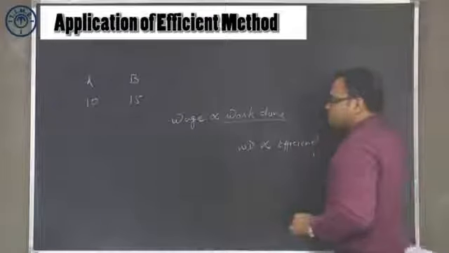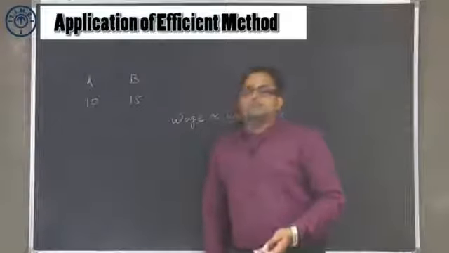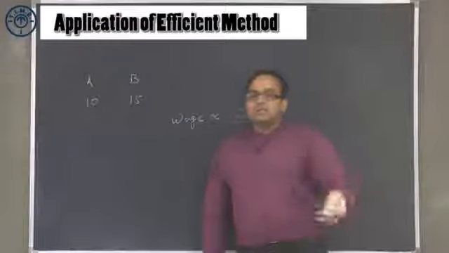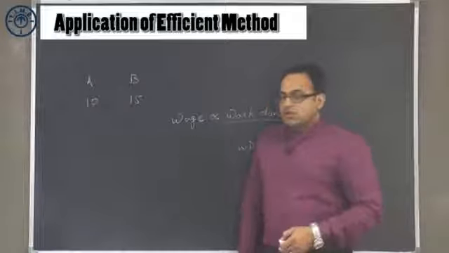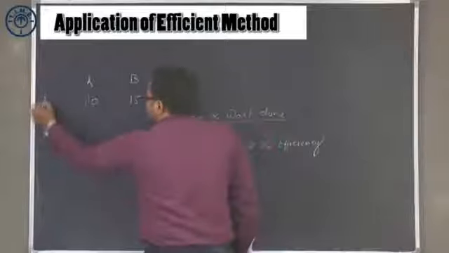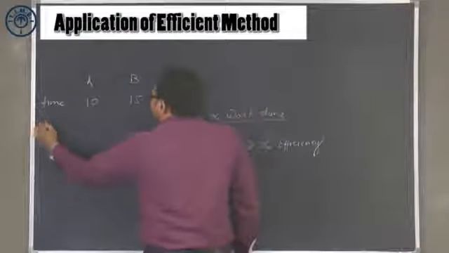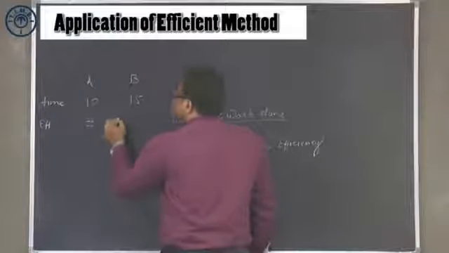So we simply need to look at their efficiency. In case the time is the same, the wages will be in the same ratio as their efficiency. If the ratio of their time taken is 10:15, the ratio of their efficiency will be 15:10, which is 3:2.